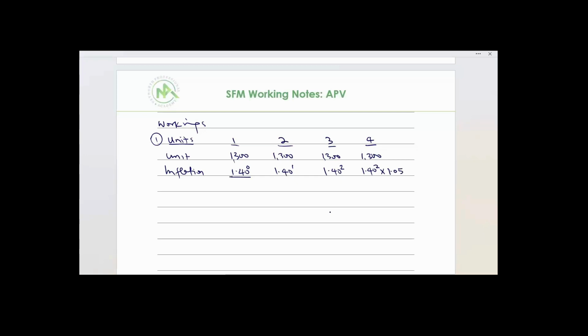So at this point, please bring out your calculator and help me do all of this. 1.4 raised to power 0 is equal to 1. 1 multiplied by 1,300 will give me 1,300.